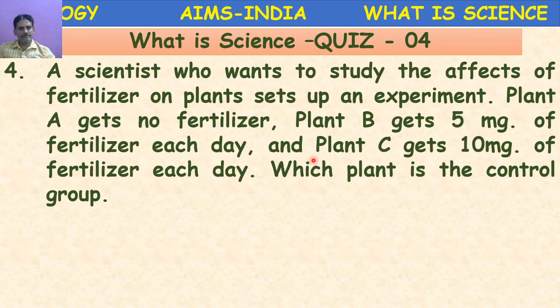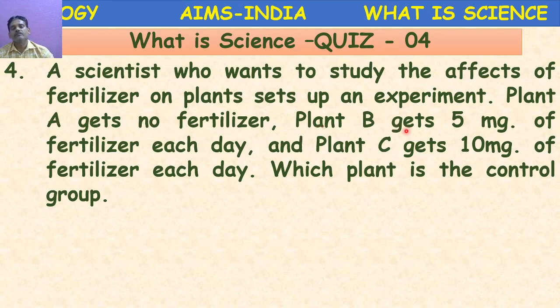Here the question is big. A scientist who wants to study the effects of fertilizer on plants sets up an experiment. He has taken three plants named A, B and C. Plant A gets no fertilizer.